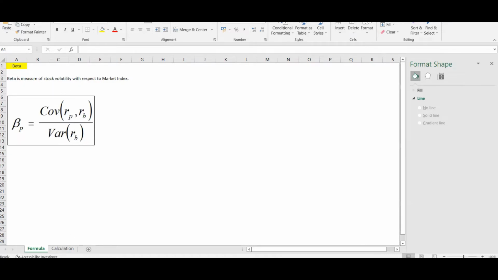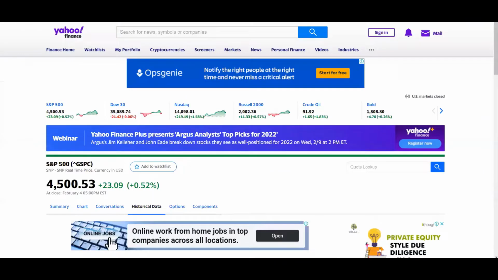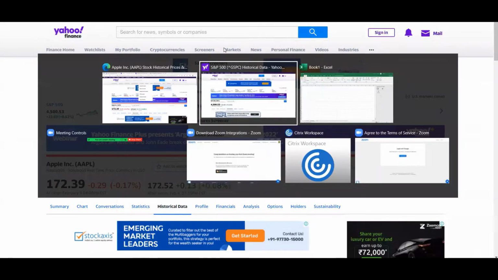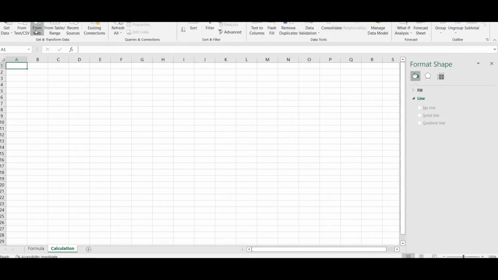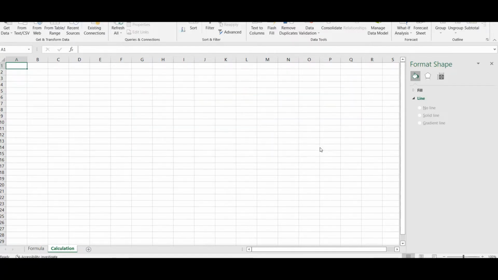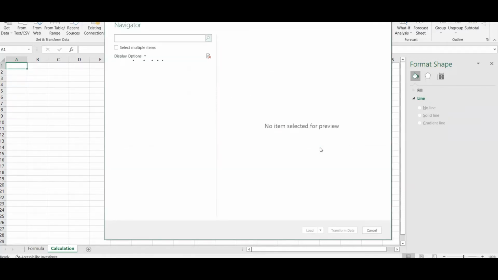Let's see how we do the calculation on real data. Let me go to Yahoo Finance and fetch the data for Apple stock. Let's look at the data. Let's import from the web. Basically, it is fetching the data of Apple stock return instead of copy pasting or downloading.